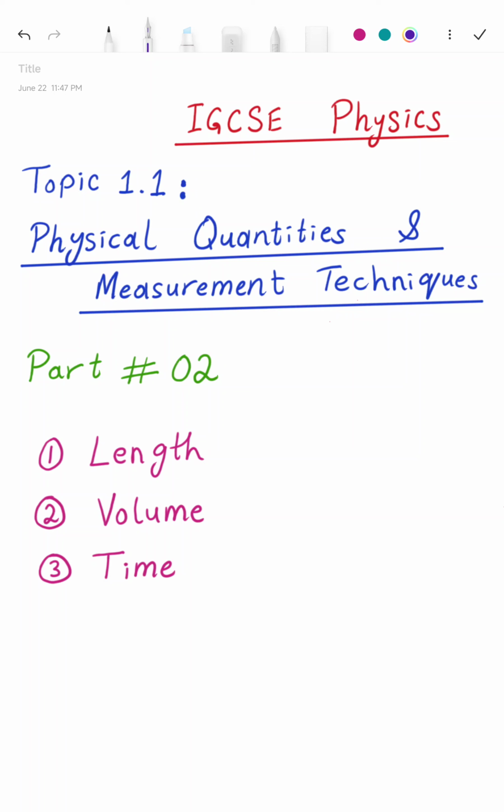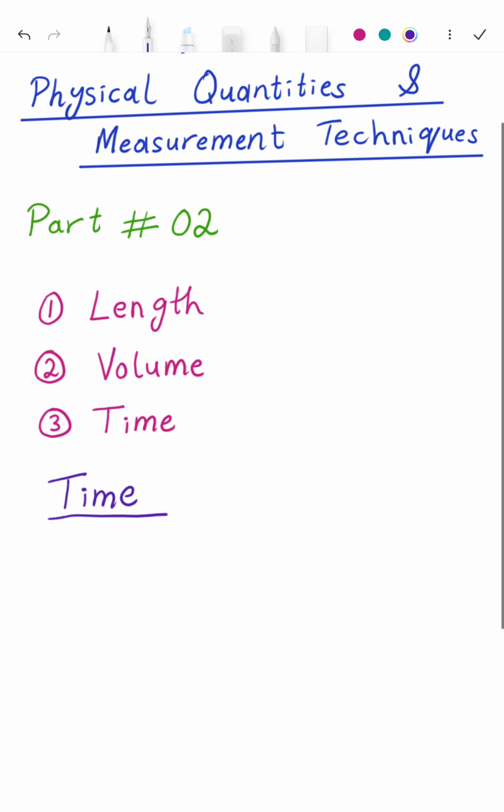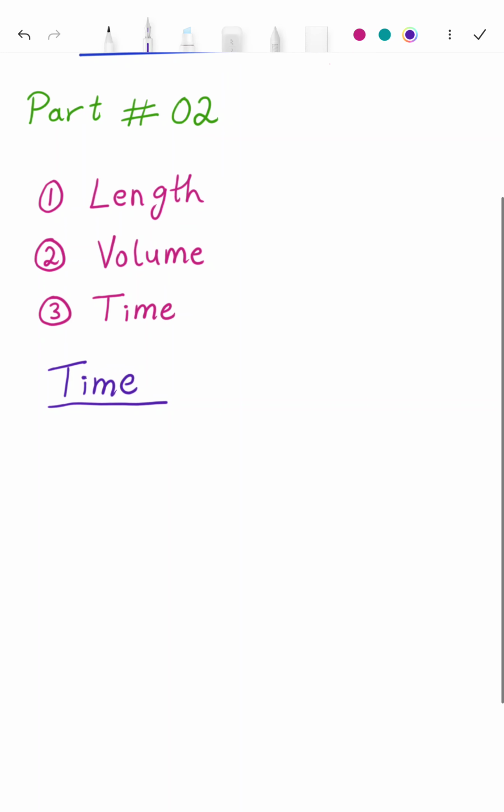So starting with our video, the topic which we are going to discuss today is time. So what is time? Time is one of the physical quantities that can be measured, and the SI unit for time is seconds.